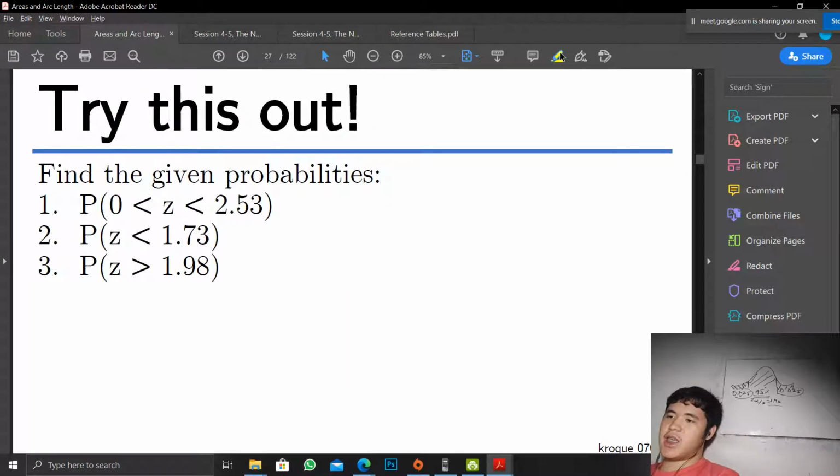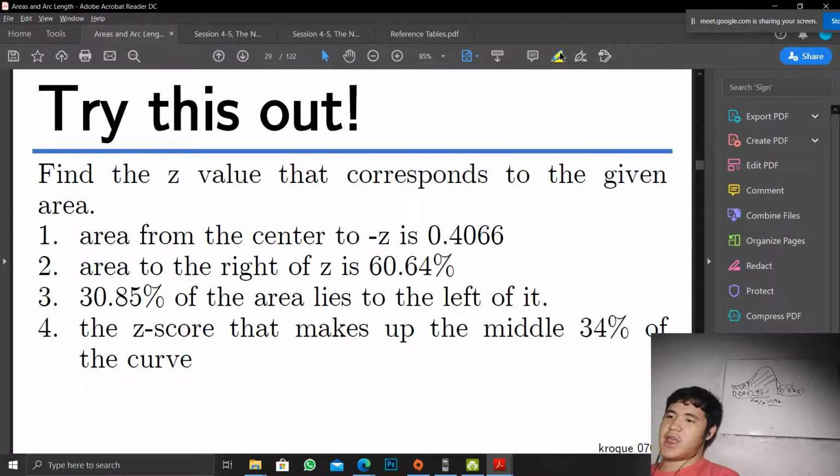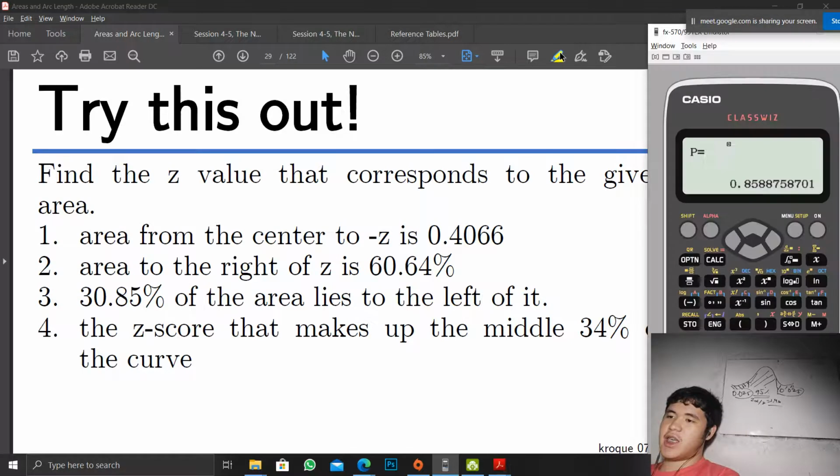Mamaya may papagawa ako sa inyo for this. So, sige guys. Actually, itong calcu nyo, kaya nyo rin hanapin kung inverse. So, meron kang given area, ano yung z value corresponding to it? So, sige, let me demonstrate lang. Area from the center to negative z is 0.0466.